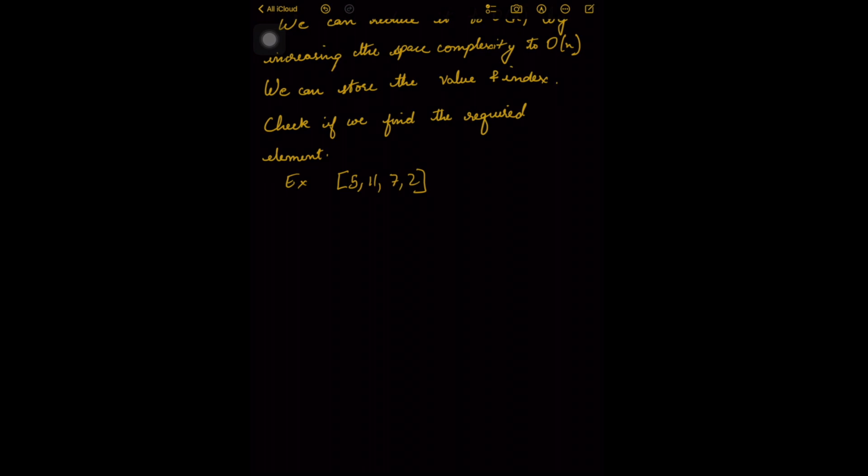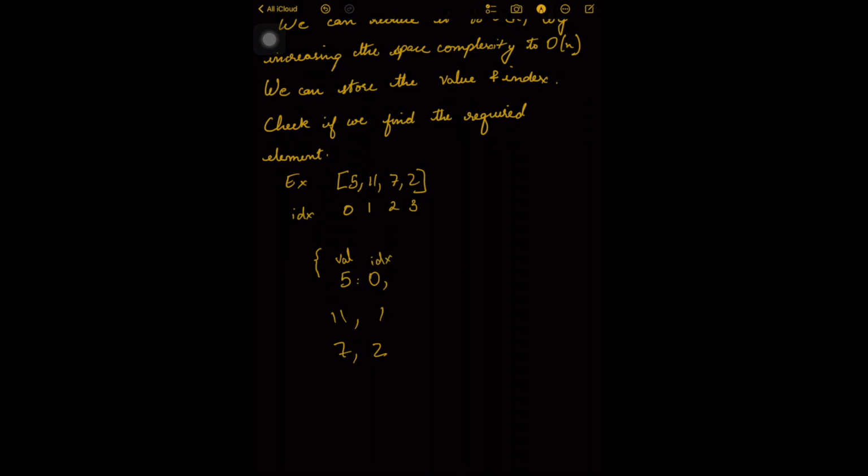Now you look at the indexes. The index of 5 is 0 and the index of 11 is 1. So what we can do is store 5, 0, 11, 1, 7, 2. So this is what the map is going to look like.